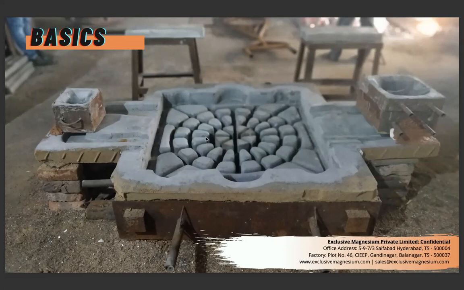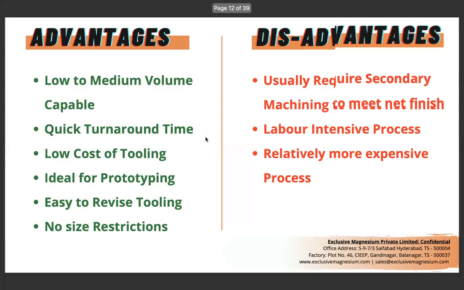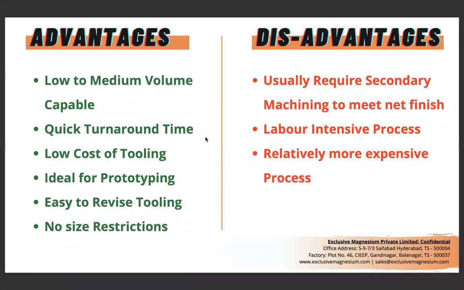Okay, quickly on the advantages and the disadvantages of sand casting. Sand casting is usually a low to medium volume capable process. We'll get into the exact numbers right after this during the question stage. It has a very quick turnaround time. From the point that you finalize the design and decide to do tooling for sand casting, which is usually in metal or wood, it hardly takes any time.